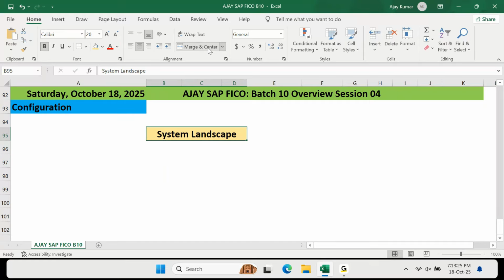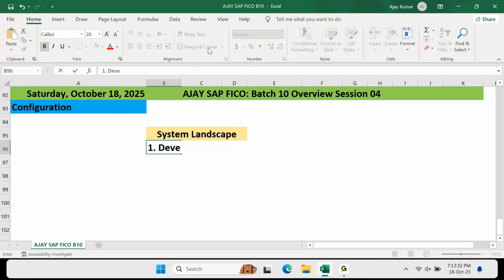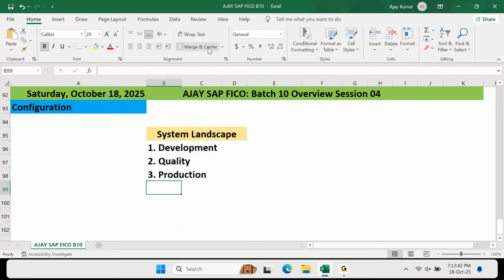Majorly, we will have three systems in the landscape in most projects. The first one is the development system, the second one is the quality system, and the third one is the production system. Even before you think about configuration in your mind, it must be fixed that there is something called a system landscape. According to the system landscape, I need to understand how config is maintained.